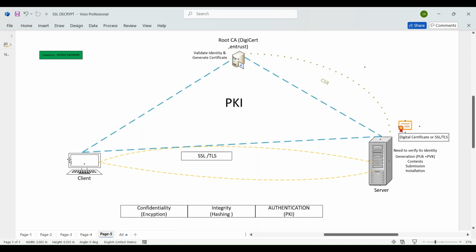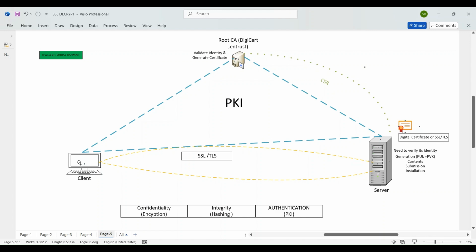So if you go to the browser, as well as the cert manager of Windows, you can see the list of trusted CAs. So if the server sends its certificate, then the client will try to authenticate it with the help of the trusted root CA installed on the client, to identify whether it's a legitimate certificate or not, and whether it is signed, with the help of the public key present in it, right?